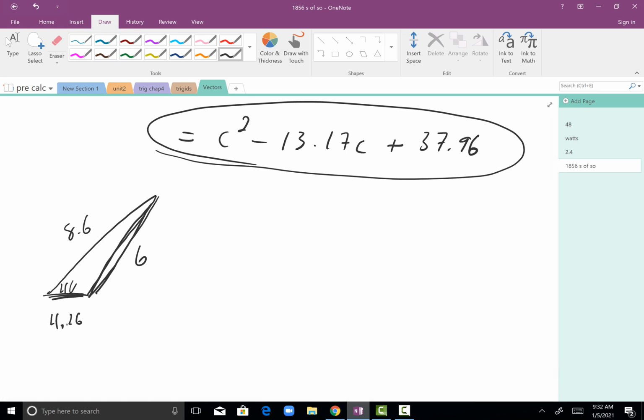Beautiful. Now I got to do work. So I'm going to go 6 over the sine of 40 equals, now I got to use 4.26, over the sine of b. We'll just call it b. I called it c before, huh? Better be consistent here.